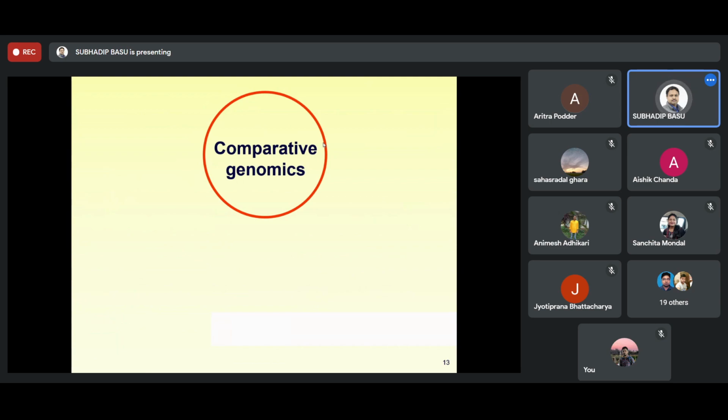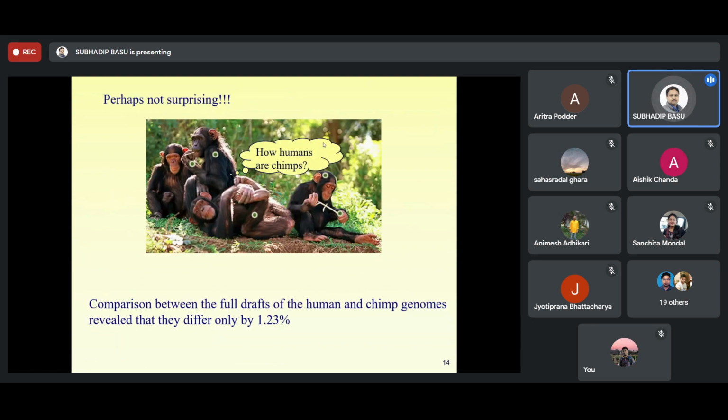Comparative genomics, we will actually study comparative genomics in our course. Unfortunately, we will not study gene hunting algorithms, but we will definitely study comparative genomics. Comparative genomics is important to know our ancestry.